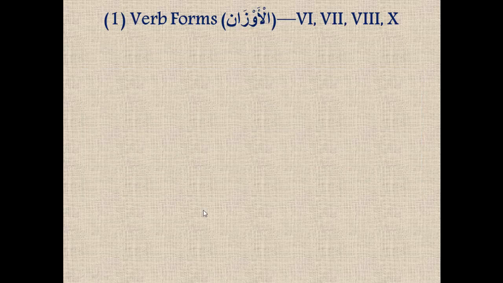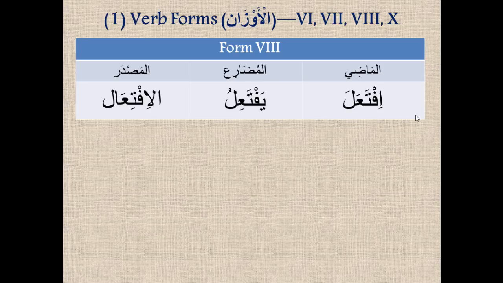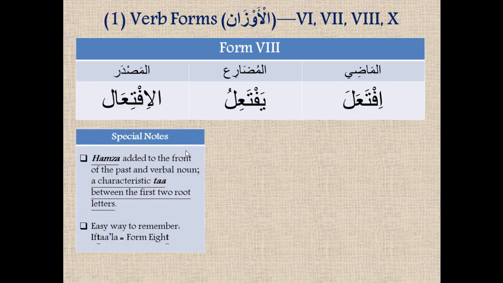Moving on to Form 8. The Form 8 pattern: افتعل يفتعل الافتعال. Now, similar to Form 7, we've added a Hamza al-Wasl in the very front of the past tense and the verbal noun.